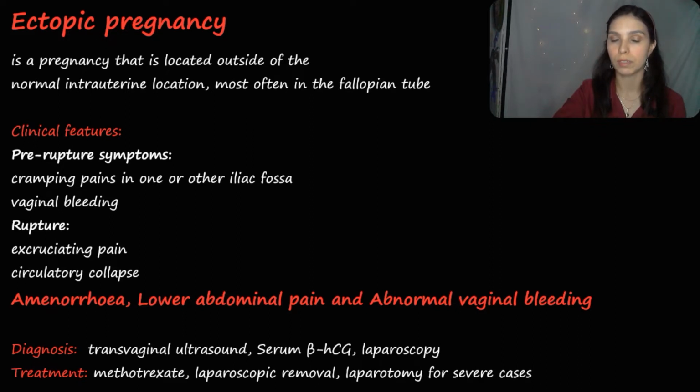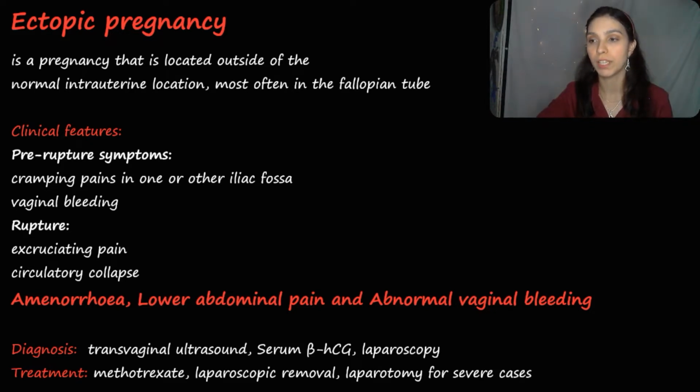Pre-rupture symptoms are cramping pains in one or other iliac fossa and vaginal bleeding. After rupture of the fallopian tube, symptoms could be excruciating pain and circulatory collapse. There are 3 main symptoms: amenorrhea, lower abdominal pain, and abnormal vaginal bleeding.